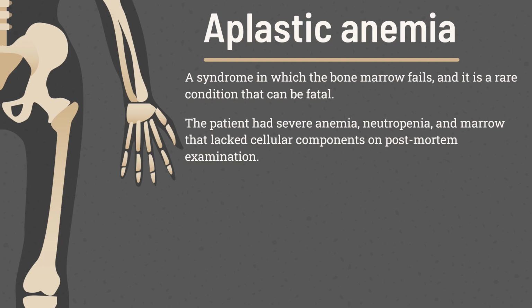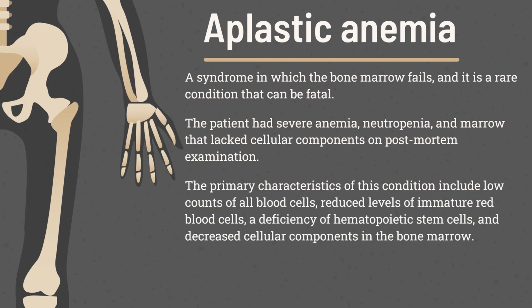The patient had severe anemia, neutropenia, and marrow that lacked cellular components on post-mortem examination. The primary characteristics of this condition include low counts of all blood cells, reduced levels of immature red blood cells, a deficiency of hematopoietic stem cells, and decreased cellular components in the bone marrow.